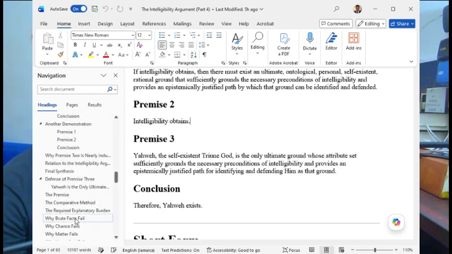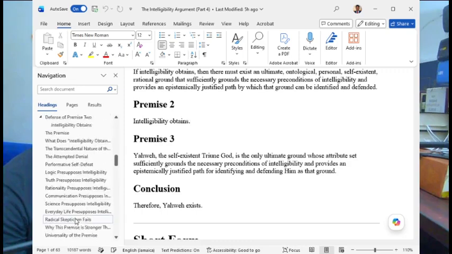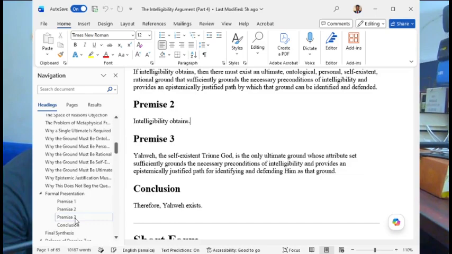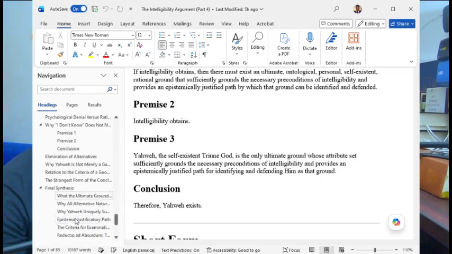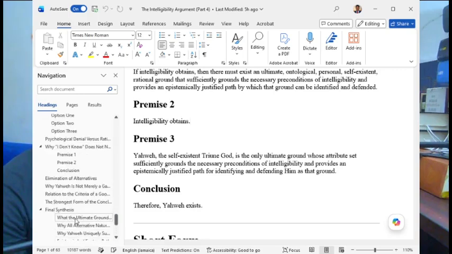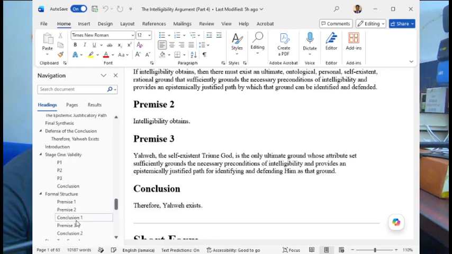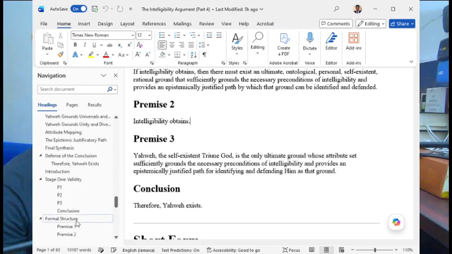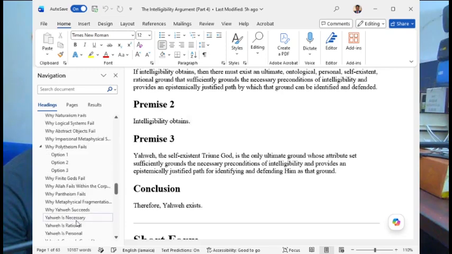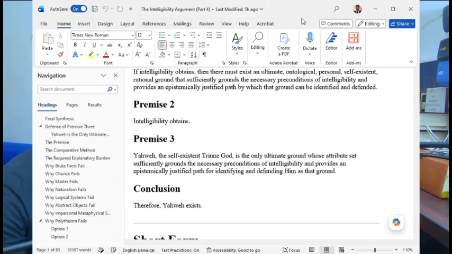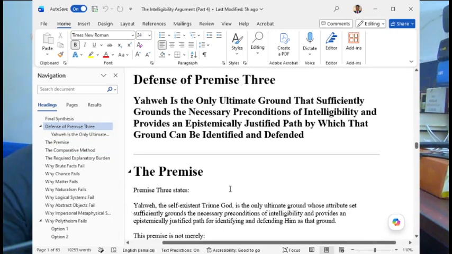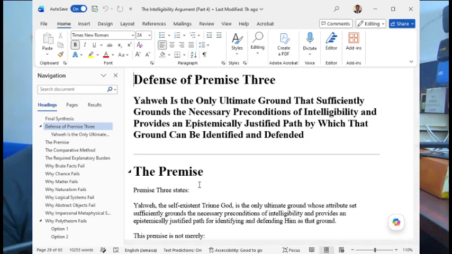Go down to P3, defense of P3. Okay, defensive premise 3, because premise 3 is where I think the most important part of the argument is.